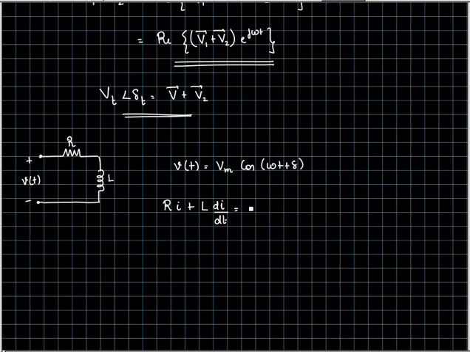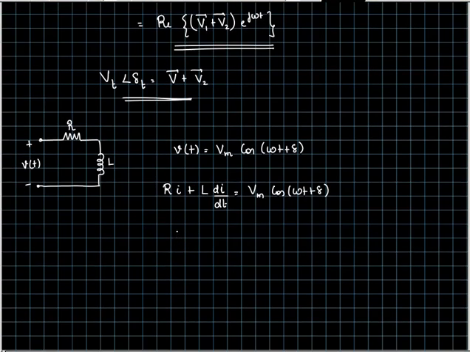This would be equal to Vm cos(omega t plus delta), and you know that i is definitely going to be a sinusoidal signal of the same frequency. So, it would have some amplitude Im, and it would have some phase, which is represented by, say, phi.